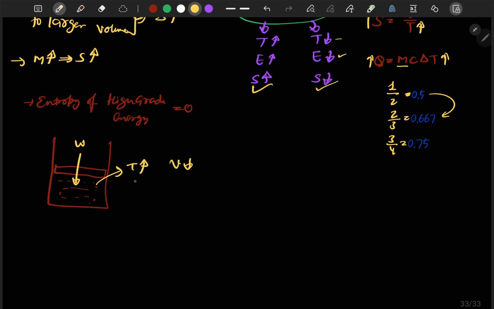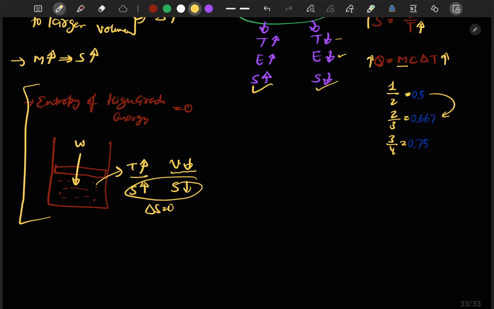Due to the increase in temperature, the entropy of the gas will increase, but due to the decrease in volume, entropy will decrease. Hence we can say that the net entropy will still be 0. So the entropy associated with high grade energy is 0.